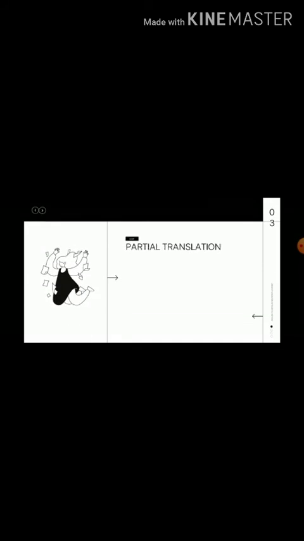Next, there is partial translation. Look at the word partial. Partial is the opposite of the word full, of course. So partial is not full or not complete. In partial translation, not every part of the source language is translated. Some parts of the source language are left untranslated.